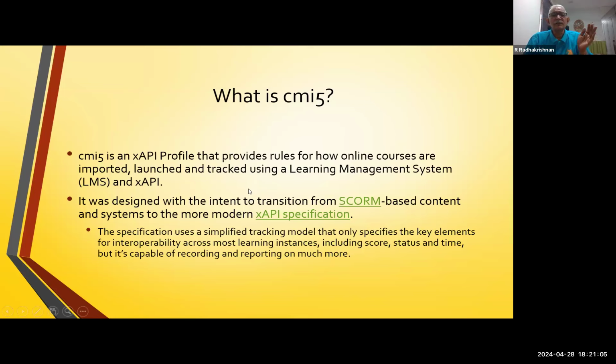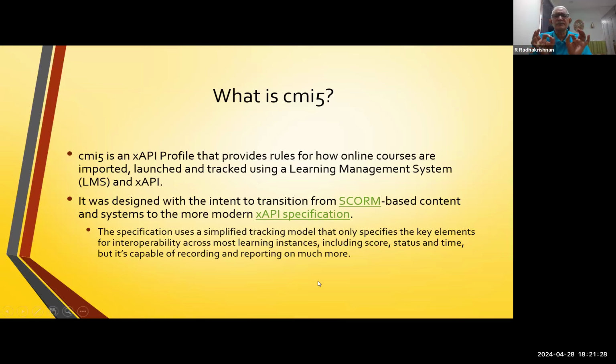It was designed with the intent to transition from SCORM to the xAPI specification. So it is sort of a middleware which will provide rules of how online courses are imported and launched using an LMS and xAPI. That is what it is.